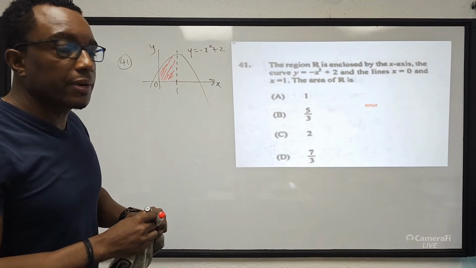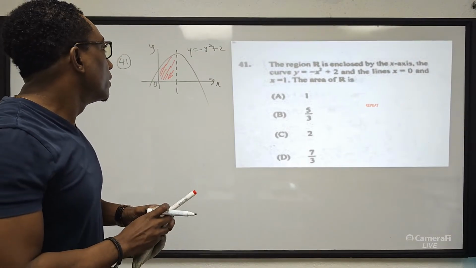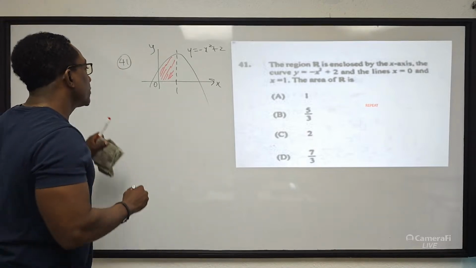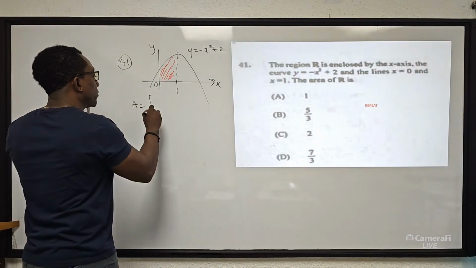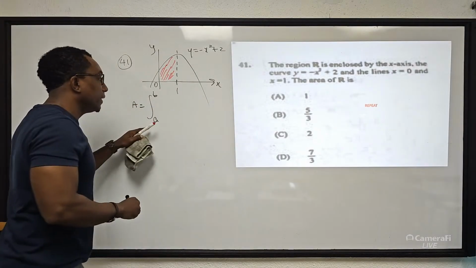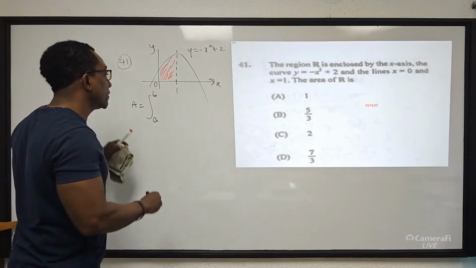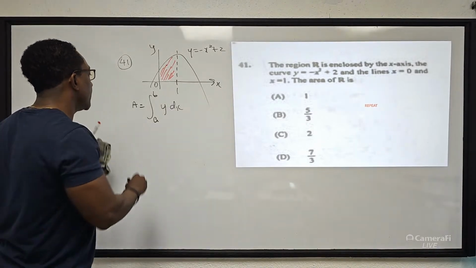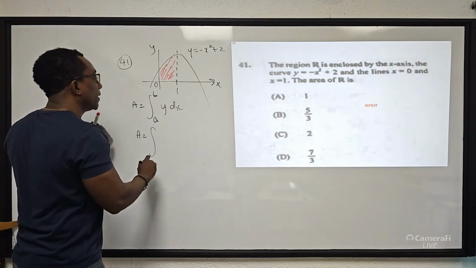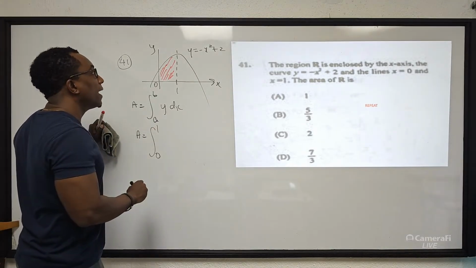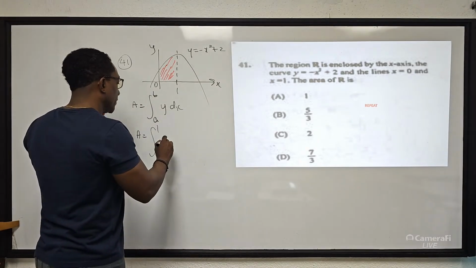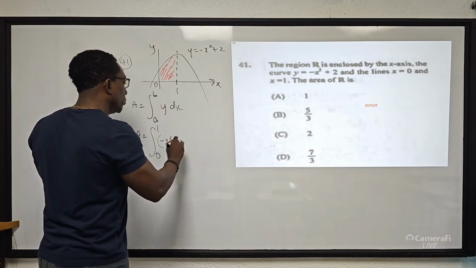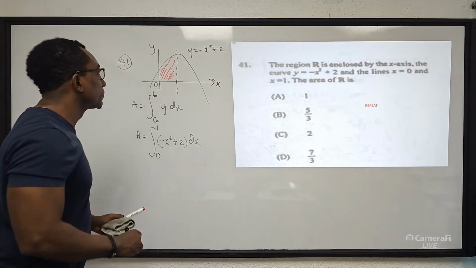To find the area under the curve within a given limit, we use the formula: area is the integral between the limits a and b, a being the lower limit, b being the upper limit, of y dx. So A is equal to the integral between 0 and 1 of negative x squared plus 2 dx.